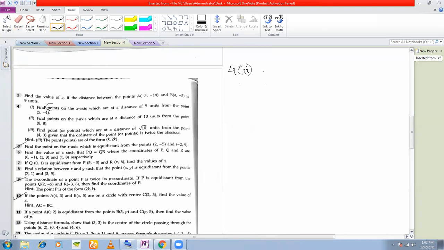So what should I take the coordinates of the point to be? Tell me. In the previous question, I had taken the coordinates of the point as (a, 0). In this, what should I take the coordinates of the point to be? So (0, a). (0, a) or (0, b). Okay, better take (0, b) because a I have already taken. A is the first letter, so normally a is represented as the x coordinate.